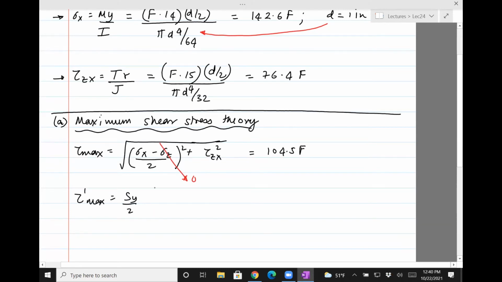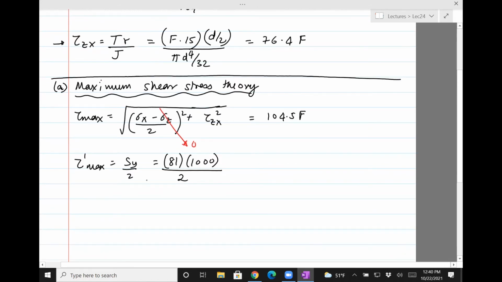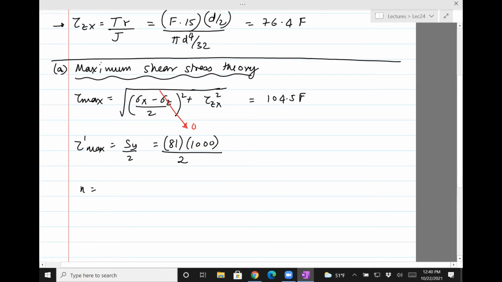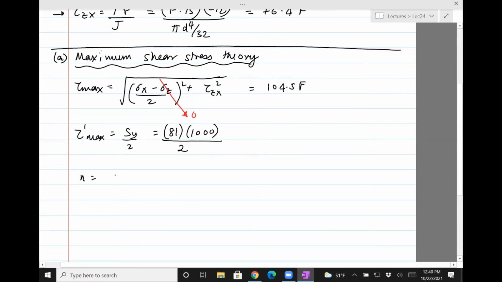For failure, tau prime max, we know, is Sy divided by 2. Sy is given to us. It's 81 kpsi, so I'm going to convert that to psi by multiplying by 1,000. Let me write the formula for factor of safety: n equals the maximum stress divided by the stress we get from the stress element we drew.